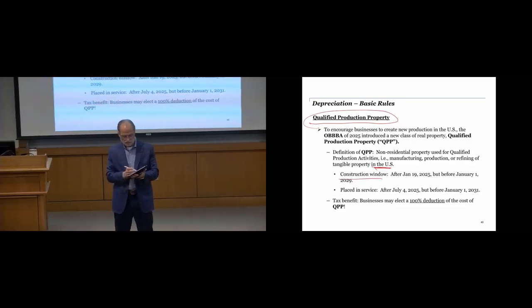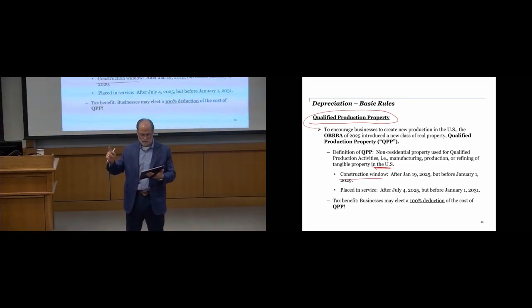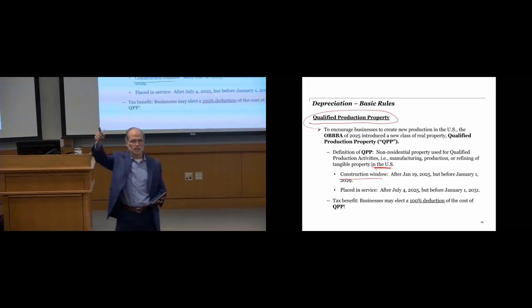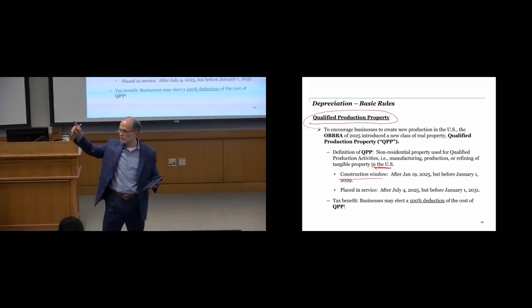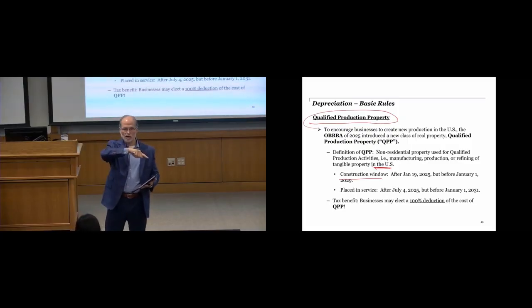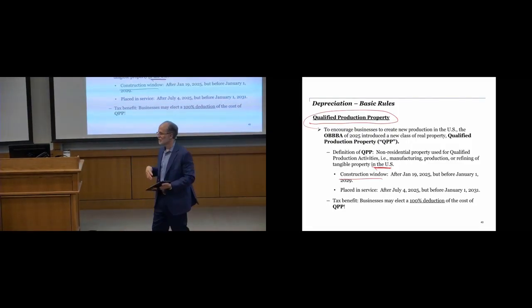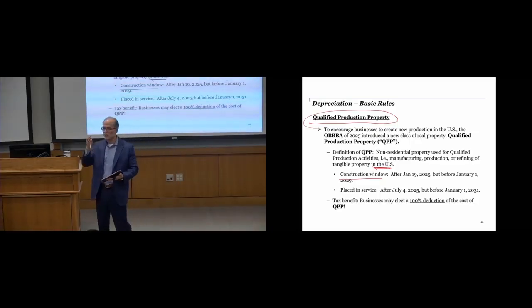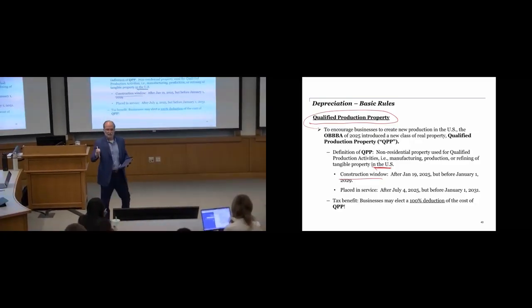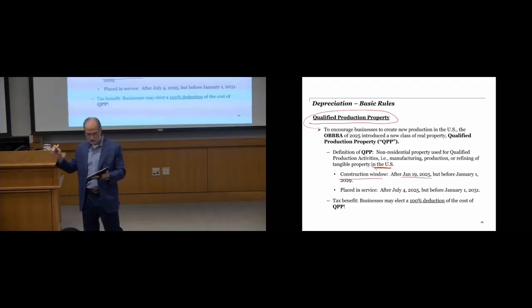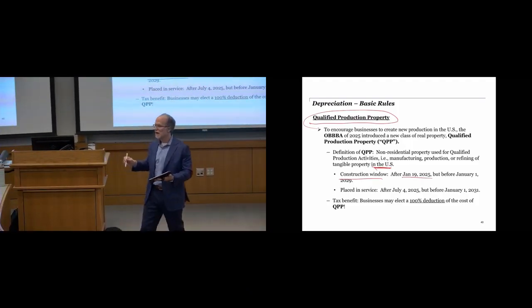So the construction window is after January 19th of 25. Why January 19th? That's when they first started talking about this. So if you were doing this before, we weren't influencing your decision because you were already doing this activity. They're looking for people who started doing this activity after we started talking about it, which is January 19th, but before January 1st of 29, right?